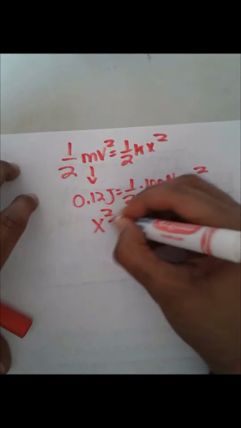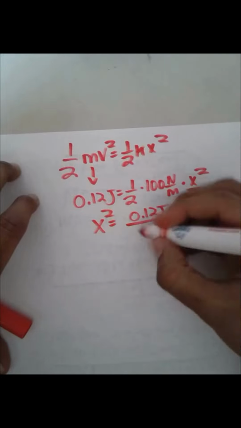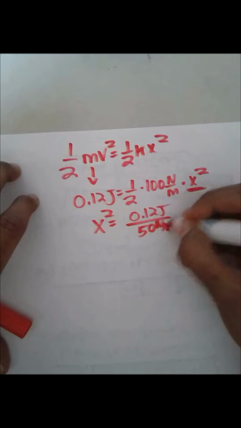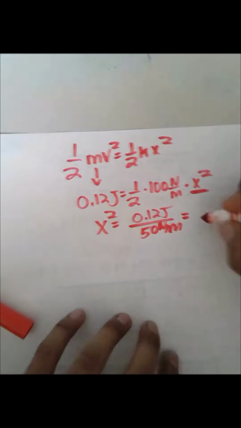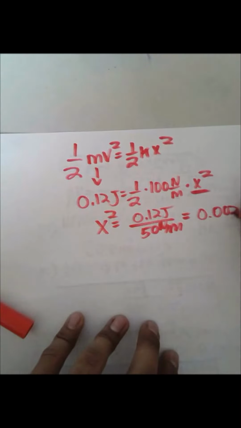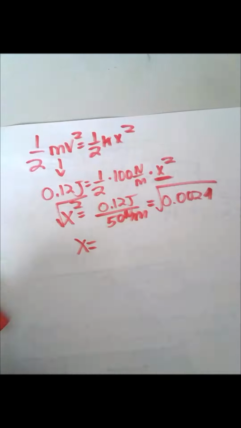So if I'm solving for x squared, I know that x squared is equal to 0.12 joules divided by 50, which is 0.0024, and then I have to take the square root of this whole thing, right? So x is equal to, wow, the square root of that.